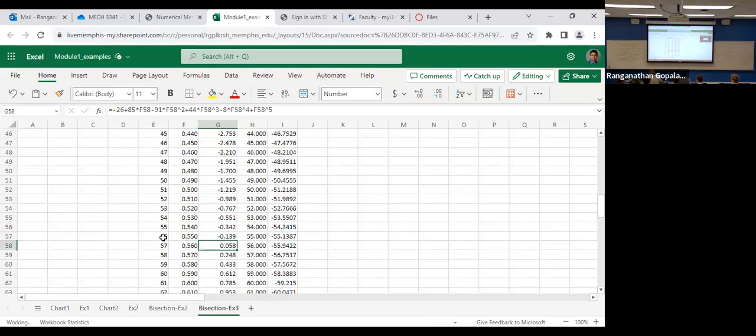So right here is a root. Everybody is agreeing to that. Wait, hold on. The function itself changes sign. Oh, this is a mistake. The right side has to be just identically 0.